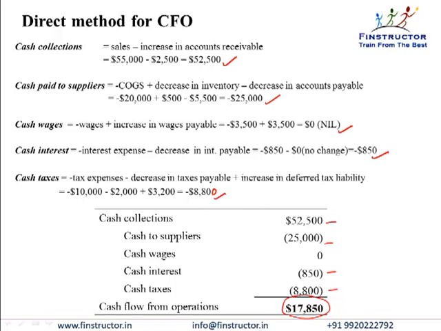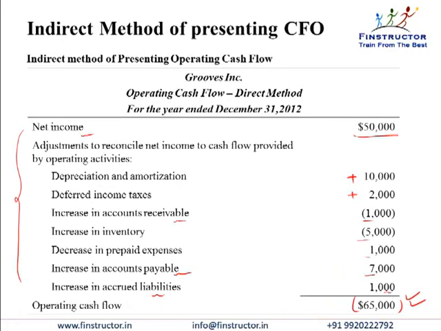We will next corroborate this calculation with the indirect method for presenting CFO and verify that the cash flow from operations comes out to be the same from both methods as we discussed. So please recall that in the indirect method, we assume that the net income is cash flow from operations, but we know that it actually is not, and we have to make some adjustments for items that are in the income statement but are not operating in nature.